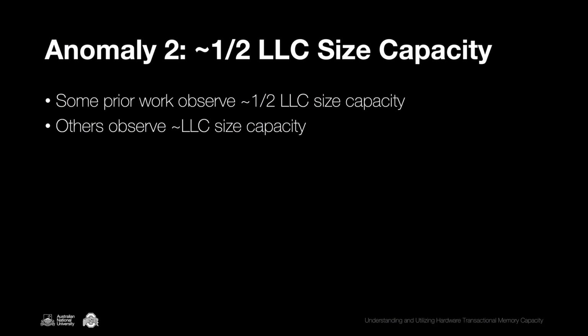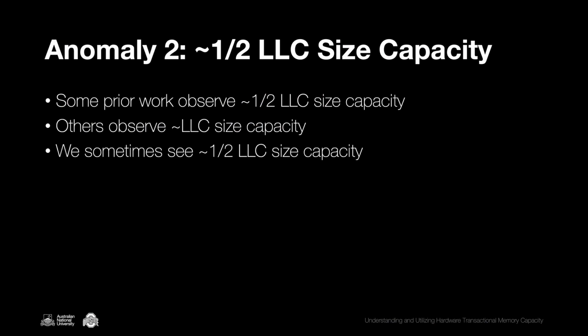The second anomaly we are going to show is that some published results show roughly LOC size read capacity, while others show only half of LOC size read capacity. In fact, curiously, in our own experiment, we sometimes see half of LOC size read capacity despite using warm-up or invalidation.